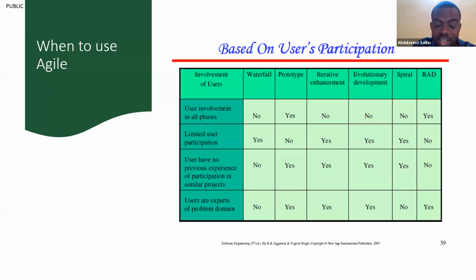Is the person available, or do you have a product owner who, when you need clarification, is not there? So you have to look at your user involvement in all phases. When you have a product owner that is not available, please do not use Agile in that case. Don't use an iterative method. You can use prototype, maybe you develop and send it to him, he looks at it, reviews it. Is it fine? Okay.